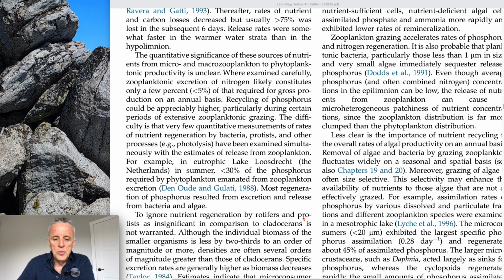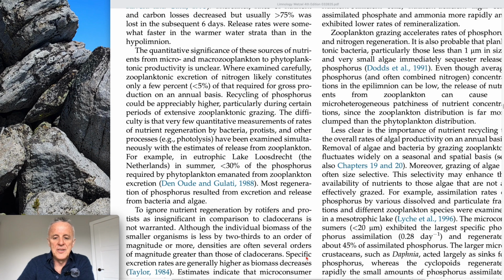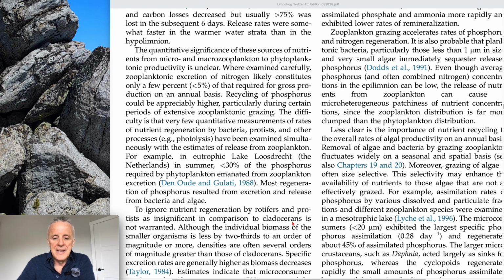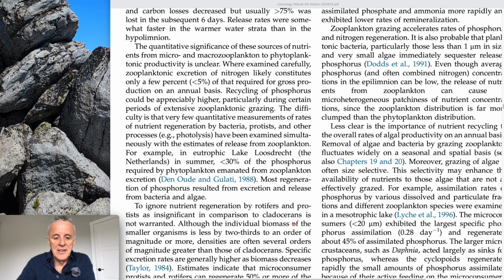Recycling of phosphorus could be appreciably higher, particularly during certain periods of extensive zooplanktonic grazing. The difficulty is that very few quantitative measurements of rates of nutrient regeneration by bacteria, protists, and other processes have been examined simultaneously with the estimates of release from zooplankton.